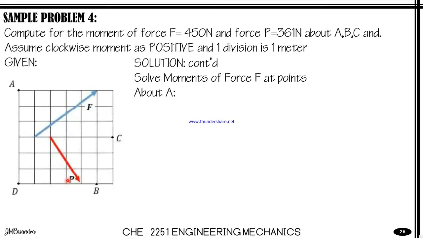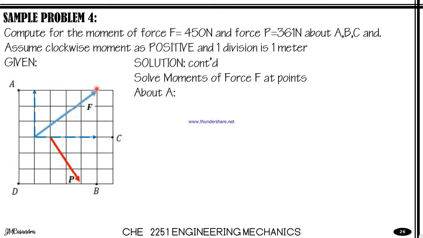So to solve for our moments, we have our x and y components of F. So about A, the moment at A caused by the x component is 1, 2, 3 meters away.